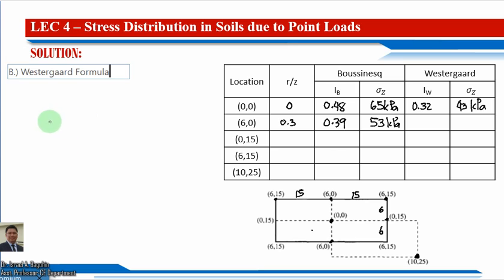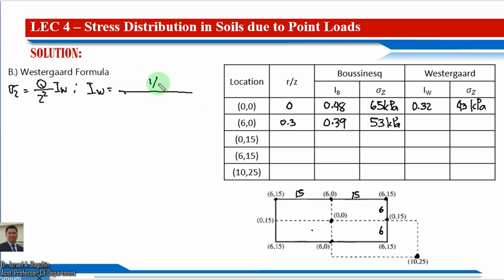So from here, we have this I subscript W. Since our vertical stress is just equal now to Q over Z squared times this I subscript W, where our I subscript W is just equal now to 1 over pi, okay?